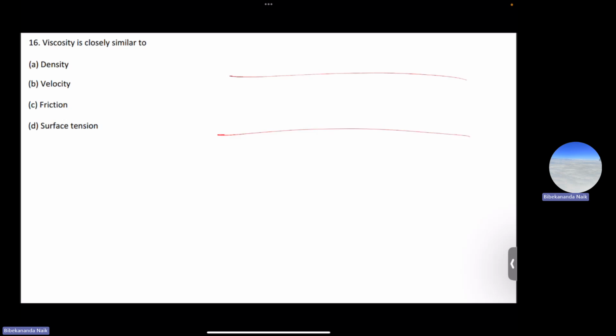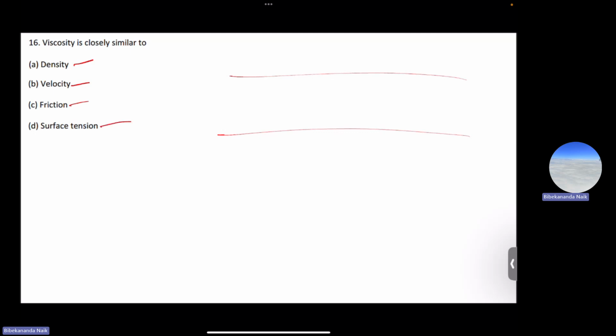Now question number 16. It says viscosity is closely similar to: option A, density; option B, velocity; option C, friction; and option D, surface tension.